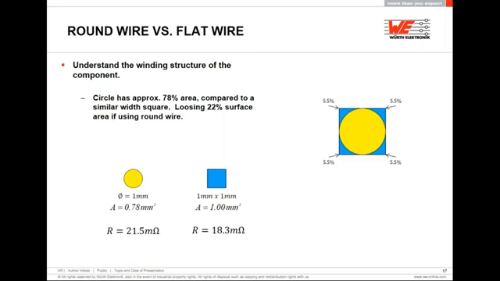So this is the reason why the yellow circle has a cross-sectional area of 0.78 square millimeters, and the blue square has a slightly bigger value, 1 square millimeter. Since this value is higher, the direct current resistance value would be lower, as shown below, with 21.5 milliohms on the yellow circle and 18.3 milliohms on the blue square.